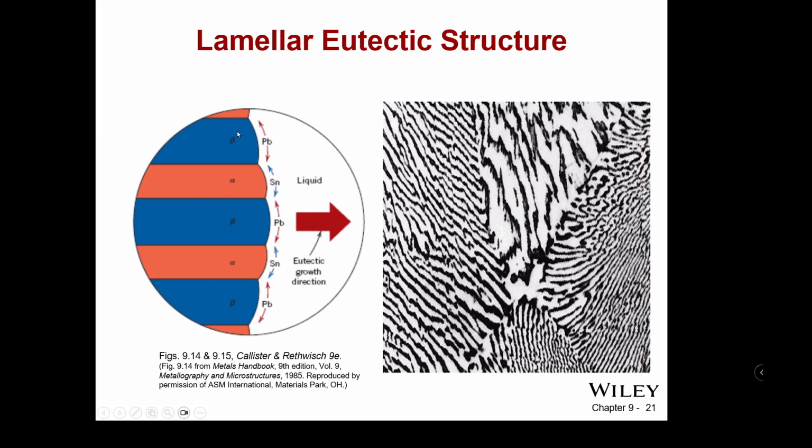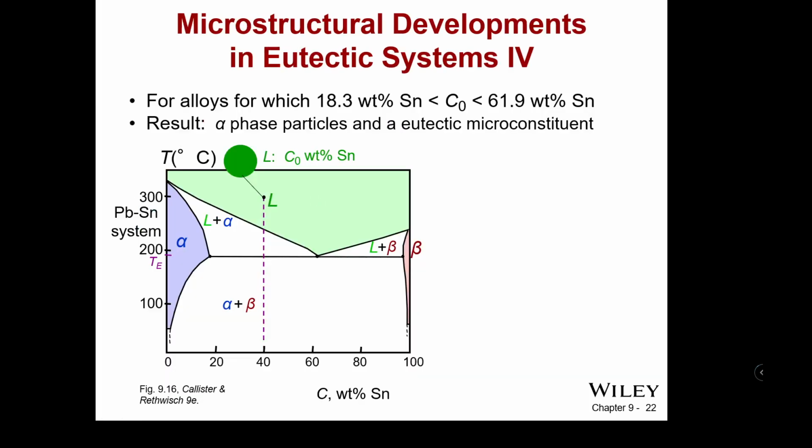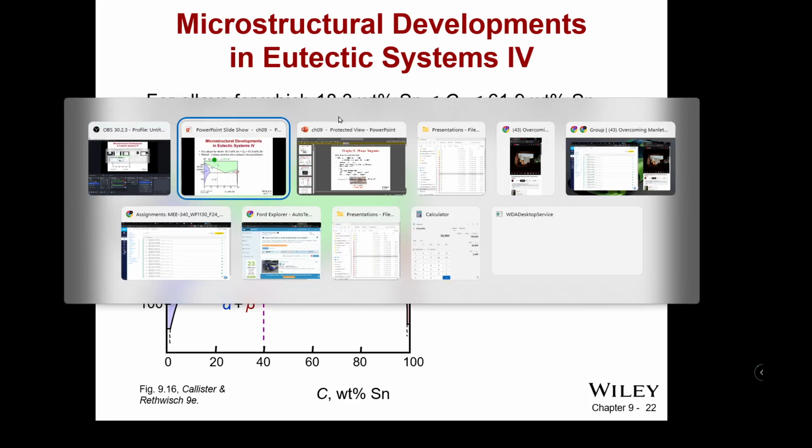So you have mostly lead in the beta, mostly tin in the alpha, back and forth in that eutectic growth direction as those grains run into each other in all these different directions. This is what you're actually seeing under the microscope. So there's one more aspect of microstructural developments, and we'll pause this here because we're getting pretty long on this particular lesson. So we'll come back to this shortly.